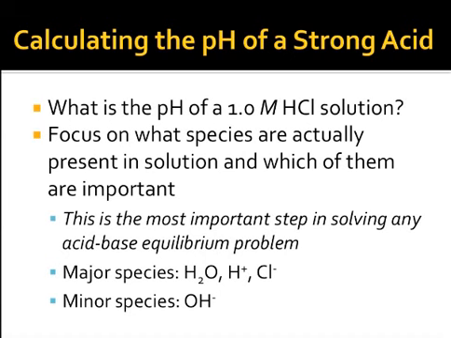This is in fact the most important step in solving any acid-base equilibrium problem. For this example, there is of course a large amount of the solvent, water molecules, present in the solution. Since HCl is a strong acid, virtually no HCl molecules are present because they have completely dissociated into H plus and Cl minus. So the major species in this solution are water, hydrogen, and chloride ions.